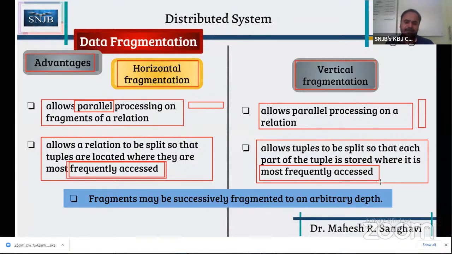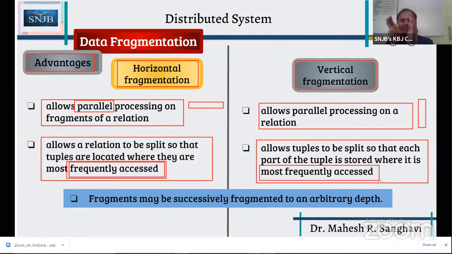Let's say, for a real life example, your entire Aadhaar card details are available with the Aadhaar card server. But whenever there is a need of verification, we simply mention our Aadhaar card number. Once we mention it, that particular thing will get verified through the Aadhaar card server.